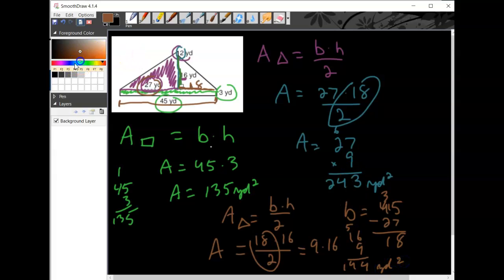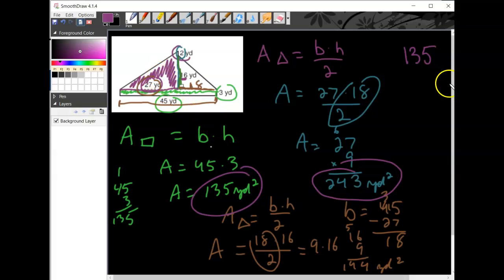So now I have three numbers, three different areas: 135, 243, and 144. Three different areas that I calculated.